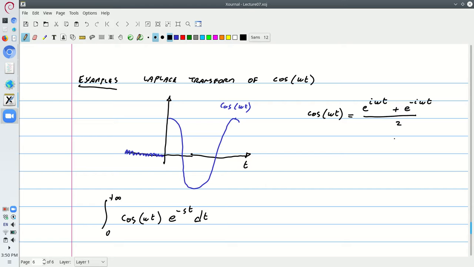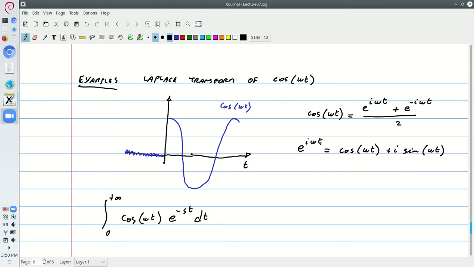The reason for this identity is that the exponential of I omega t, if you have seen complex analysis, this is just a refresh, otherwise you may be surprised by this. I'm still surprised by this property. The exponential of I omega t is given by the cosine of omega t plus the imaginary unit times sine of omega t.